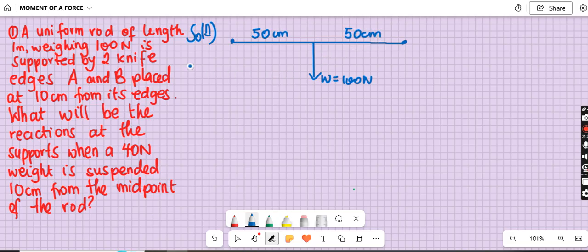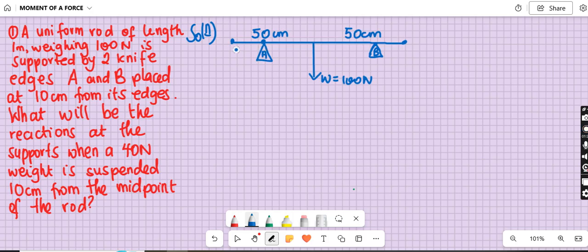Good. Now we are told that it is supported by two knife edges A and B. These are the pivots, placed 10 centimeters from its edges. So we are going to have our knife edge A over here, and then another knife edge B over here.